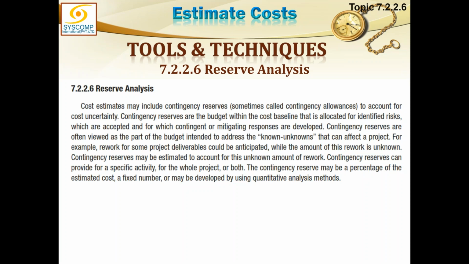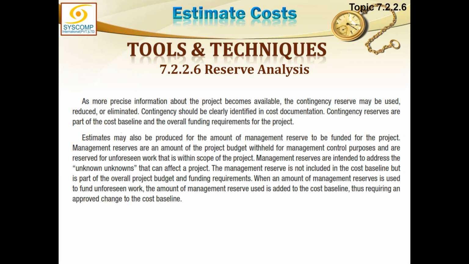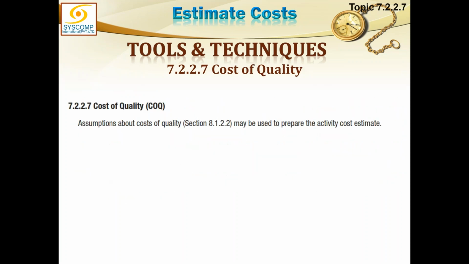So you have to have different reserves for different activities, and then ascertain those contingencies, and ultimately you can sum it all up to find your total cost of the project. Cost of quality. Cost of quality is about how much you are ready to spend on your quality.